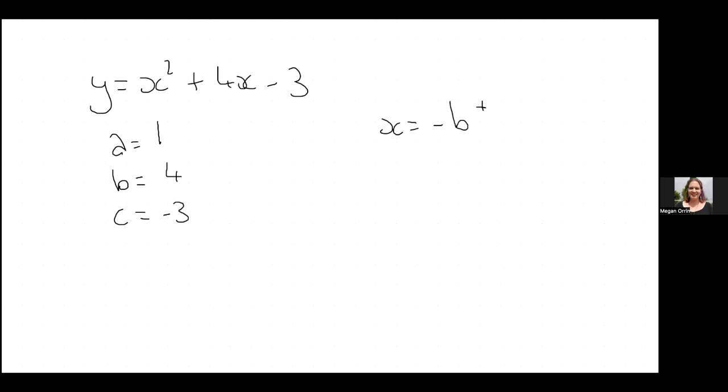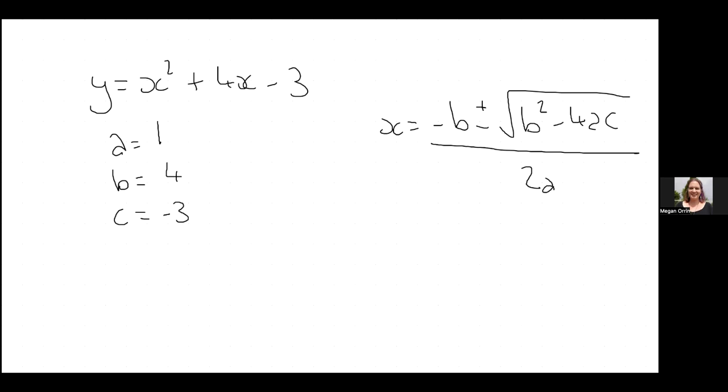Plus or minus the square root of b squared minus 4ac all over 2a. So when you're struggling to put brackets in, you're going to need to have brackets around this bit. And I think you're also probably going to need to have brackets around this bit. Okay. So let's have a think about this.